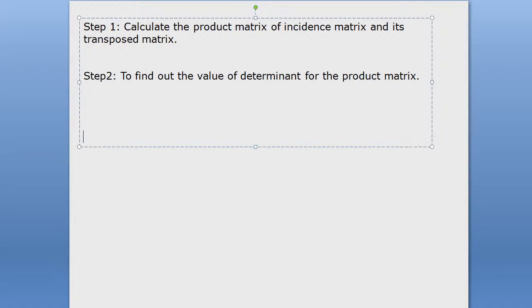Now first we will calculate the product matrix. A is given. A transpose you can take by rearranging the locations of columns and rows, replacing rows by columns. Everyone knows it.